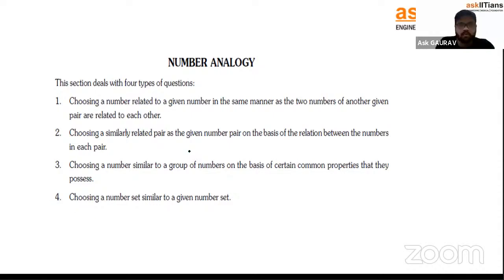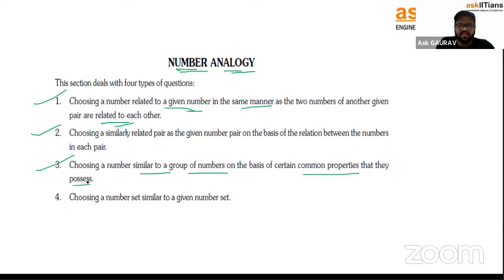See, number analogy. This section deals with 4 types of questions. Choosing a number related to a given number in the same manner as the two numbers. Basically, the relation to each other. Choosing a similarly related pair. And choosing a number similar to a group of numbers on the basis of certain common properties.